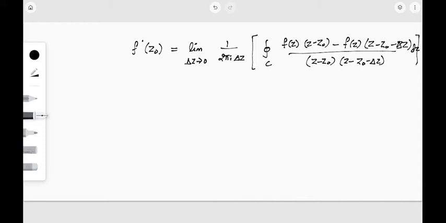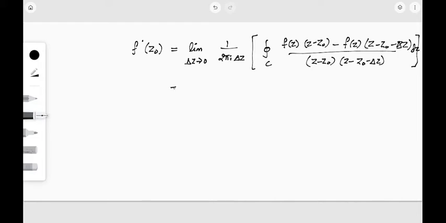Okay, I'm just simplifying it further. So in this case, f of z into z and f of z into z get cancelled, then minus f of z into z dot, and minus into minus is plus, plus f of z into z dot also gets cancelled.